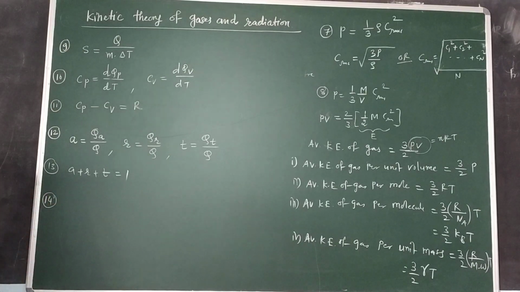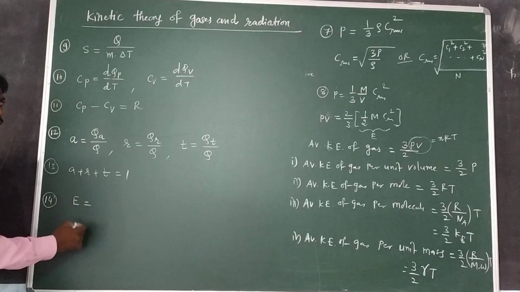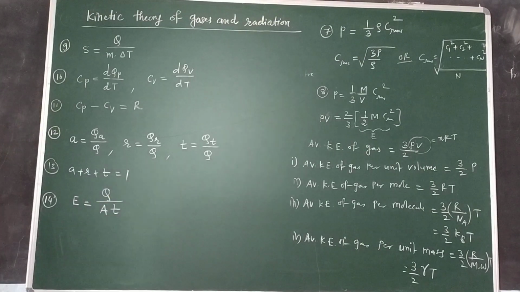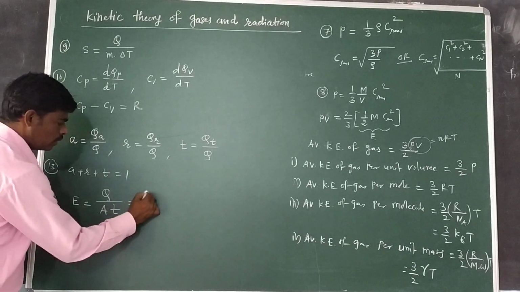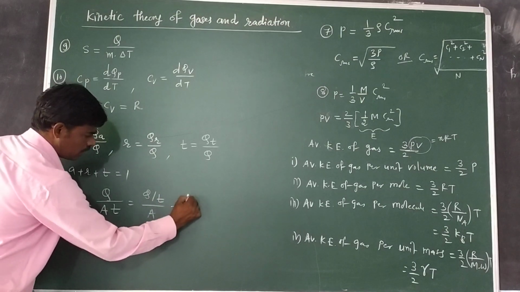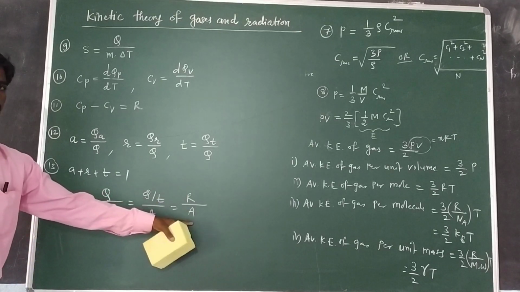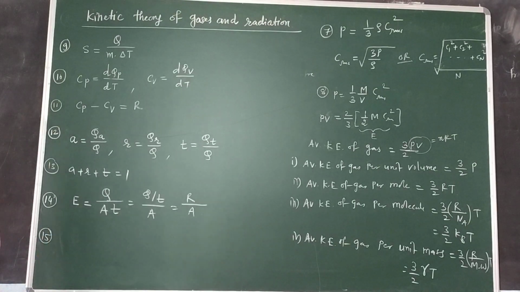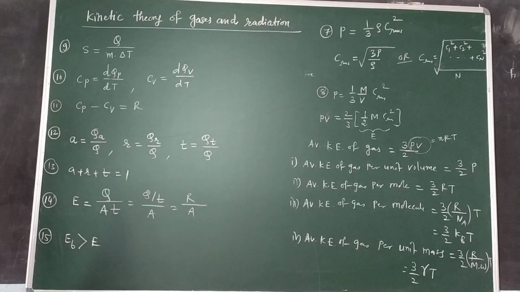Then the emissive power of any body, E, is nothing but amount of heat per unit area per unit time. So Q upon A T, that means Q by T, is also called the rate of emission of heat per unit area. Remember here, emissive power of black body is always greater than emissive power of an ordinary body.